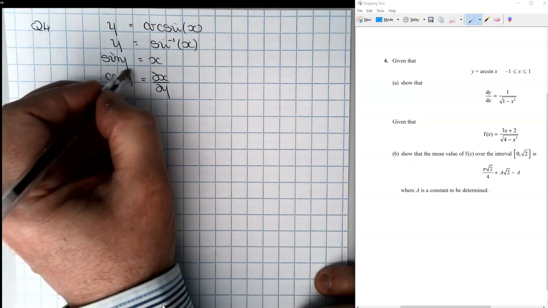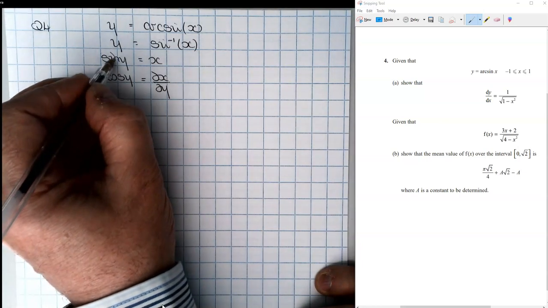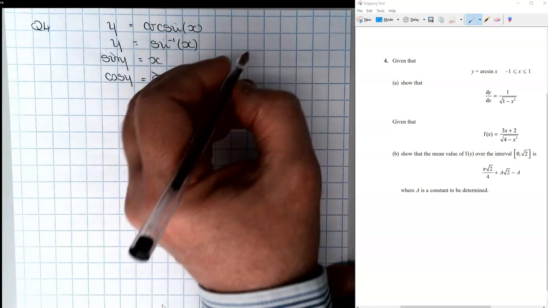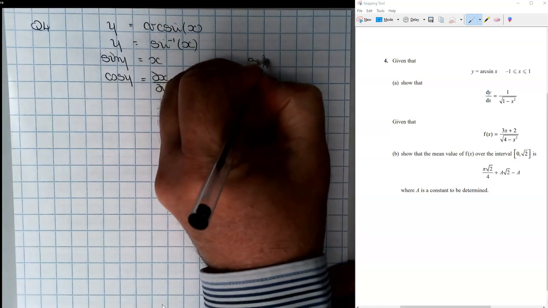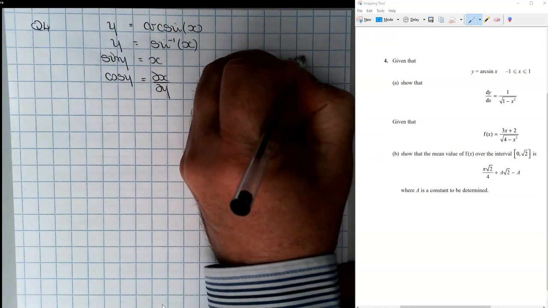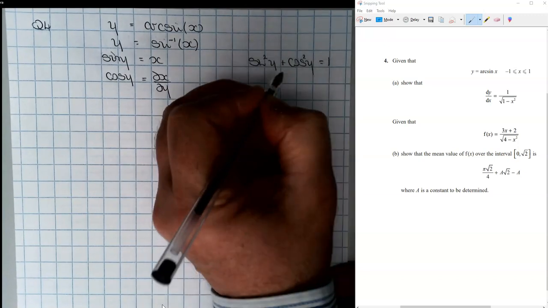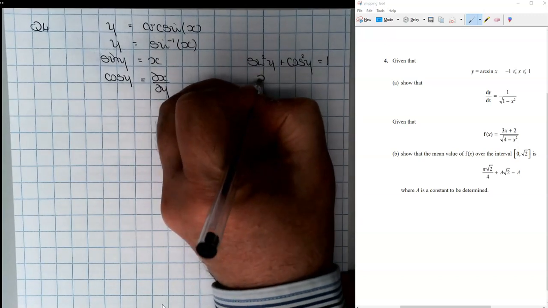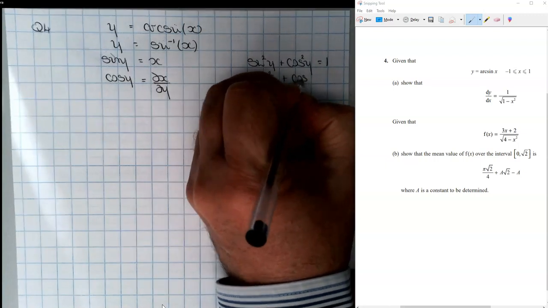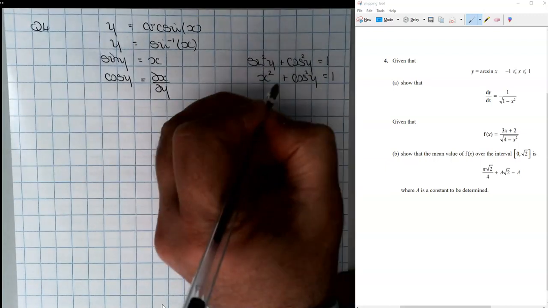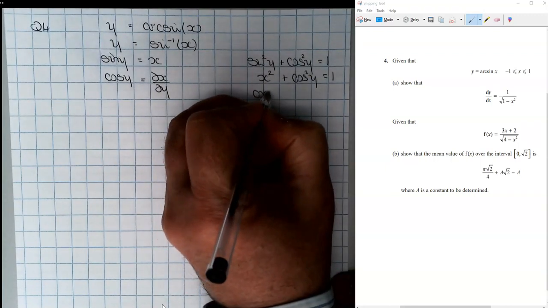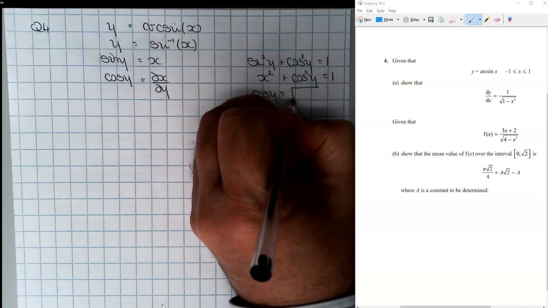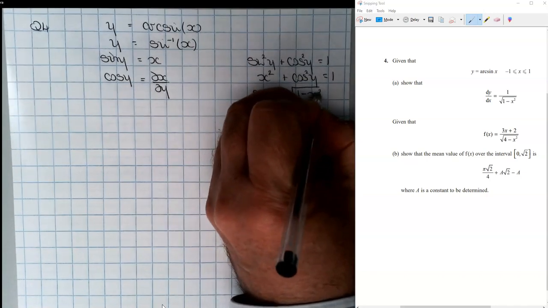Now our problem is to write cos y in terms of sine y, so we can introduce the x. We know that sine squared y plus cos squared y equals 1, so we know that x squared plus cos squared y equals 1. So from that we can get cos y is the square root of 1 minus x squared.